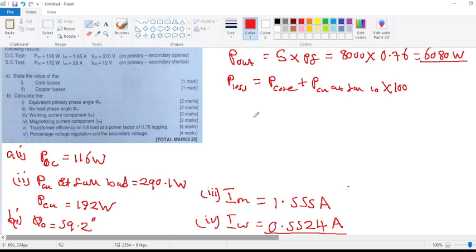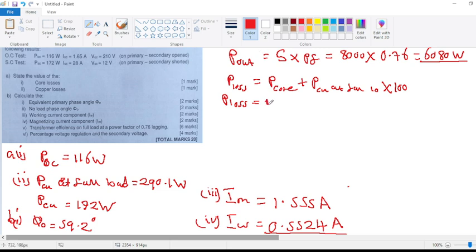So for the efficiency, first we have to calculate the total losses at full load. So let's calculate the total losses. We have the core loss here, which is the iron losses, given to be 116 watts. Remember, the iron losses have to be calculated on the open circuit side.